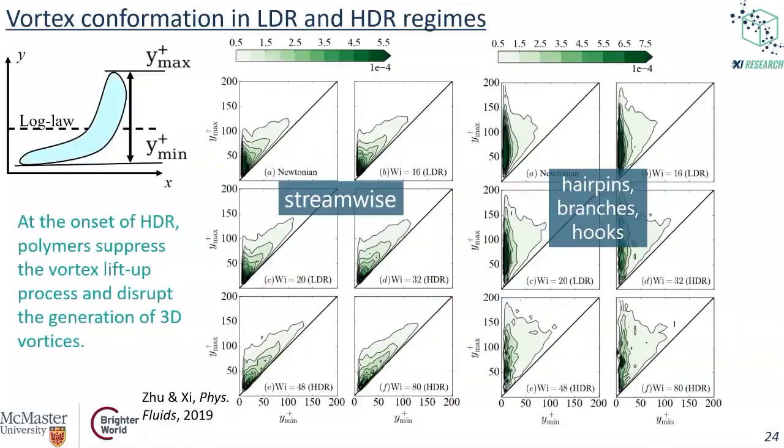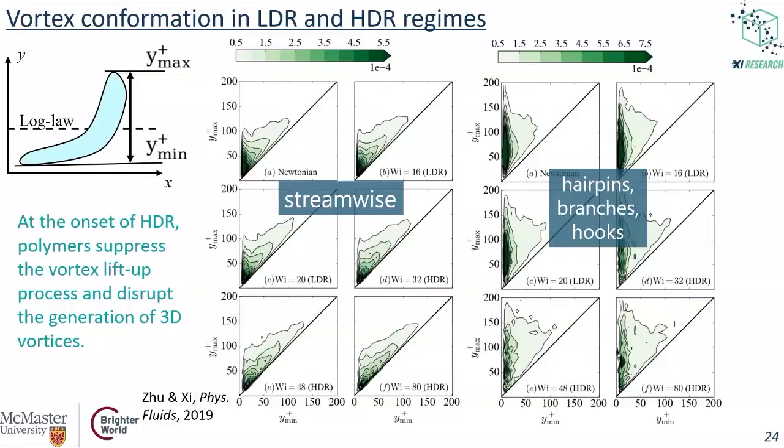We also look at lift-up statistics. What we can see here is that at LDR, you have a lot of lifted-up streamer vortices. It almost disappears at HDR. You can see this concentration band, this vertical band, is disappearing. Most streamer vortices are lying along the diagonal. That means that the vortices are lying flat. They are not lifting up anymore.